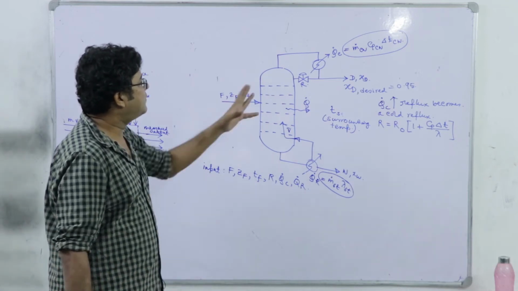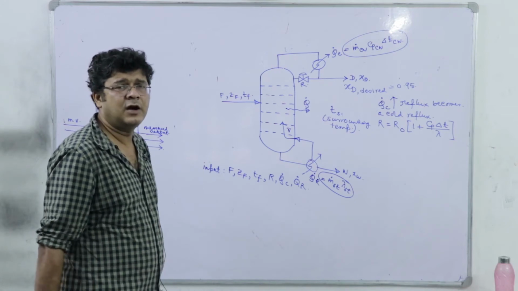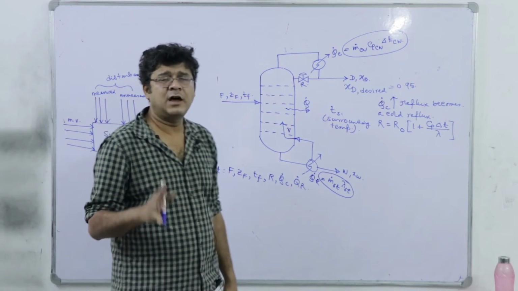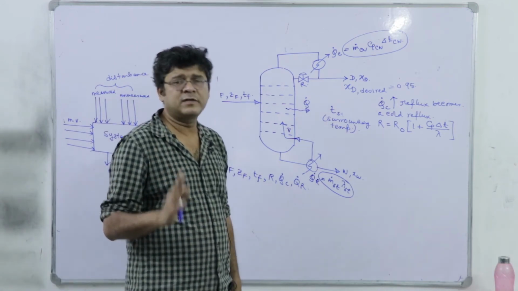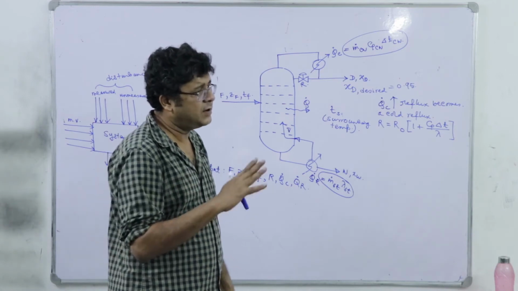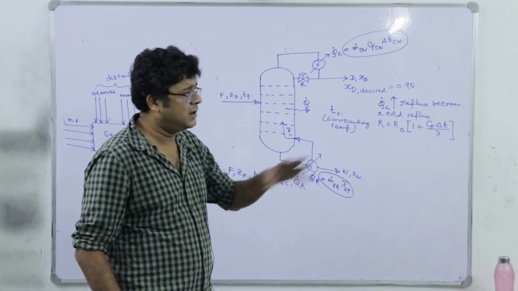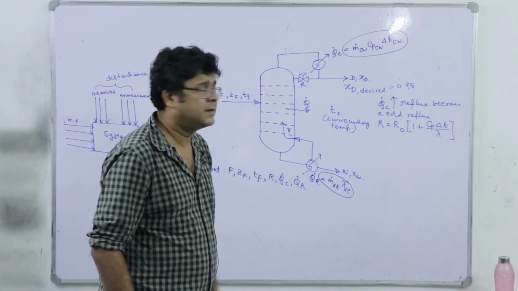We have to predict it by solving some mathematics or writing the equations for that system. But simulation of a distillation column is generally not studied in a conventional mass transfer course. That is an advanced topic.